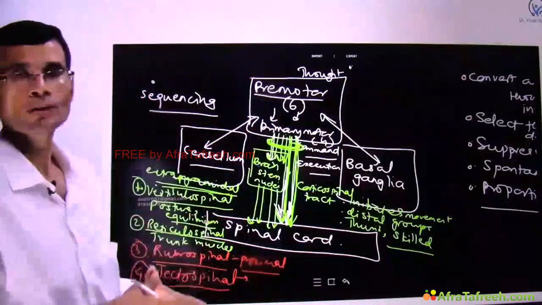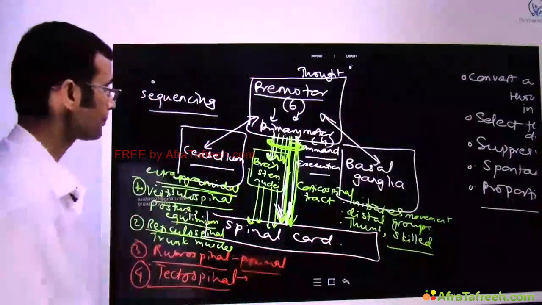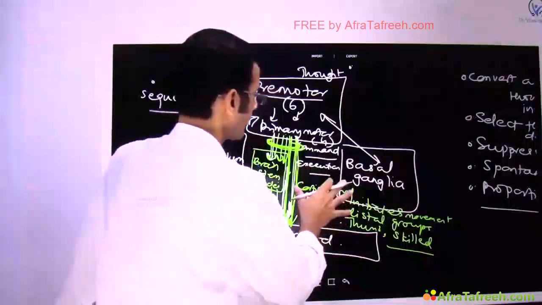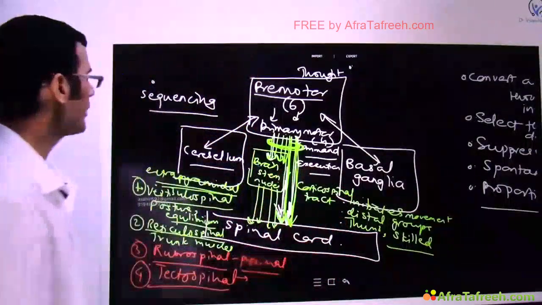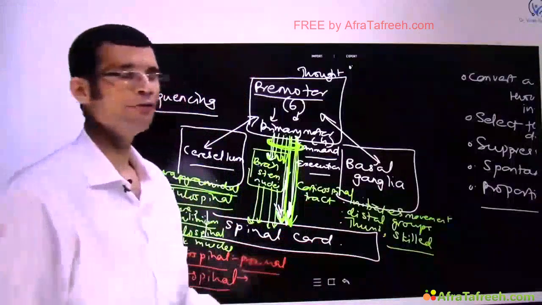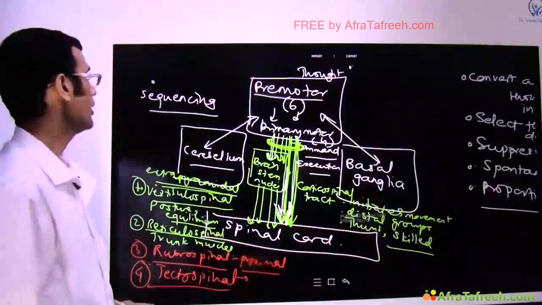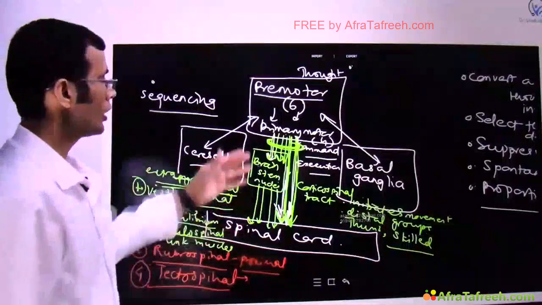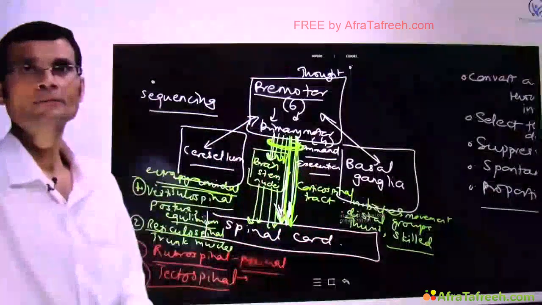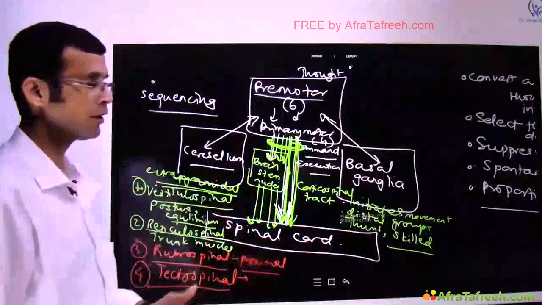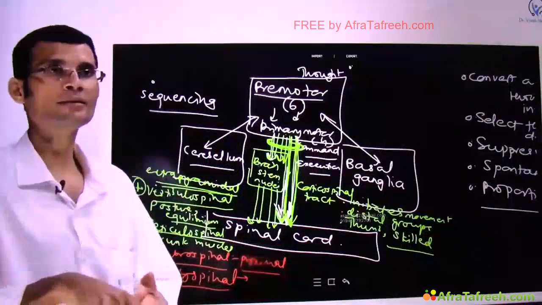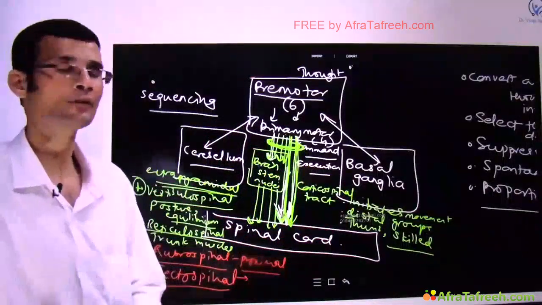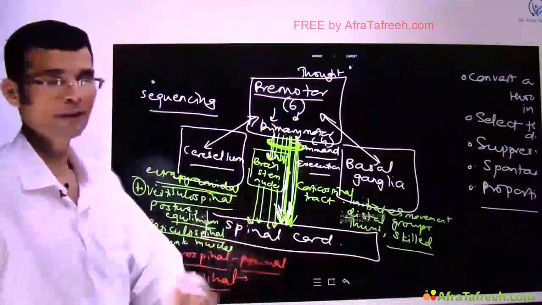Let us see one more terminology before we move on. Pyramidal and extrapyramidal has always been very confusing. So a rather different terminology is sometimes used. Look, corticospinal tract, when it enters the spinal cord, the majority of the fibers run on the lateral aspect of the spinal cord, called the lateral corticospinal tract.